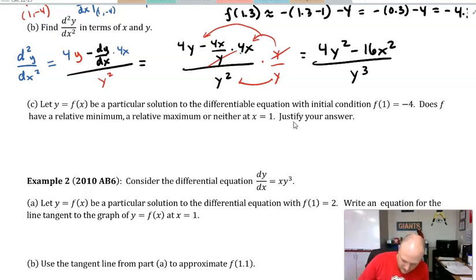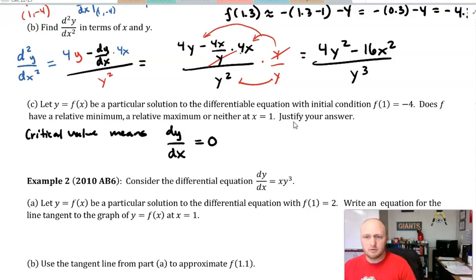So critical value means, this is the first step, that y prime, dy dx, is equal to 0. That just means your slope is 0.